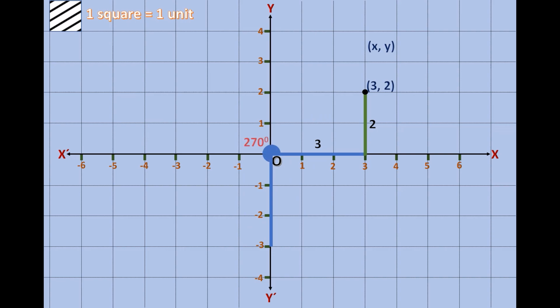Similarly, we will do the same process for 270 degrees angle of rotation, and the point formula we obtain will be (y, -x).